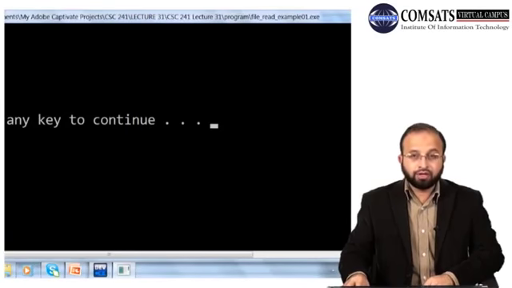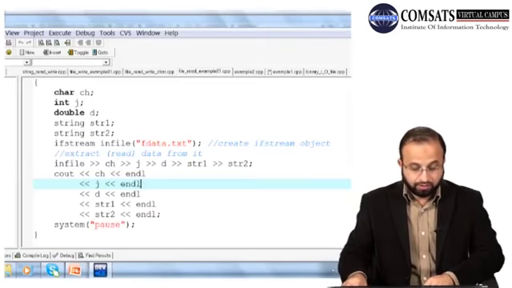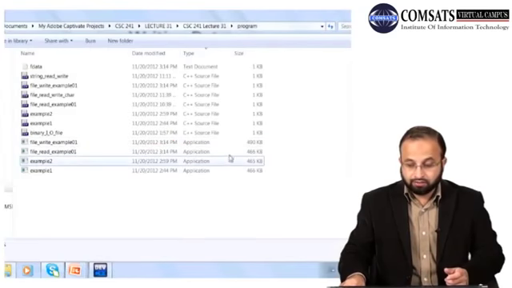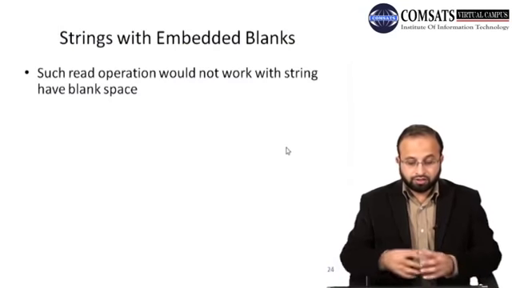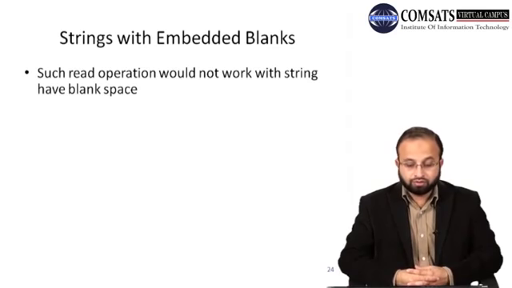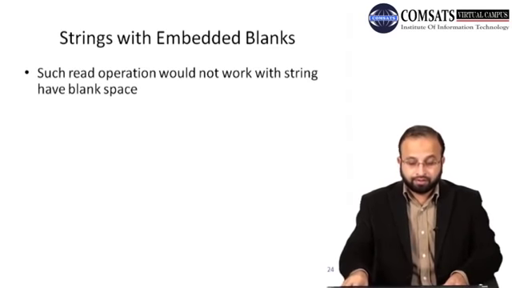No, it is not possible to read a multi-word string, ठीक है, using the same operation. इस operation के through a multi-word string read नहीं कर सकते from the file. So such read operation would not work with strings having blank spaces.